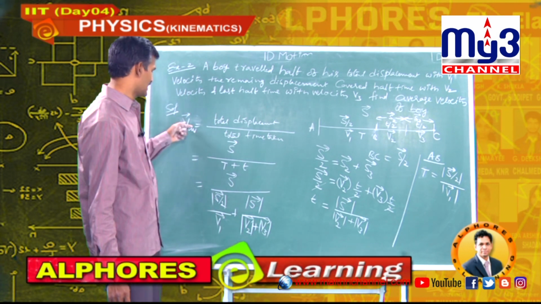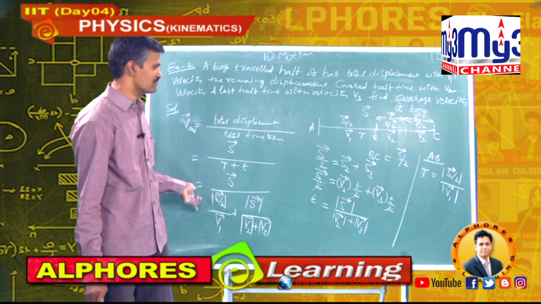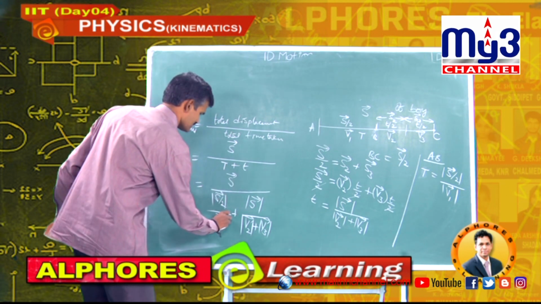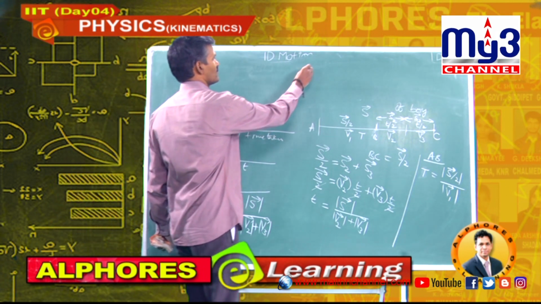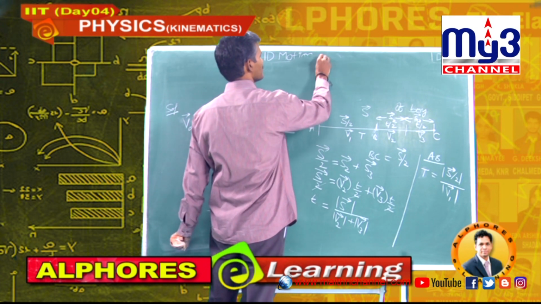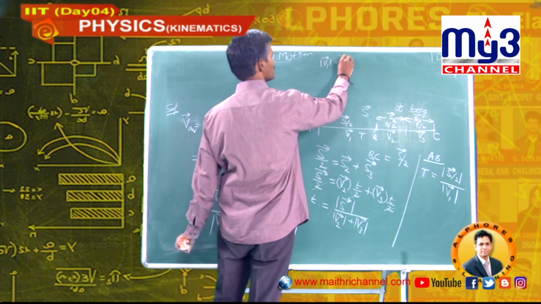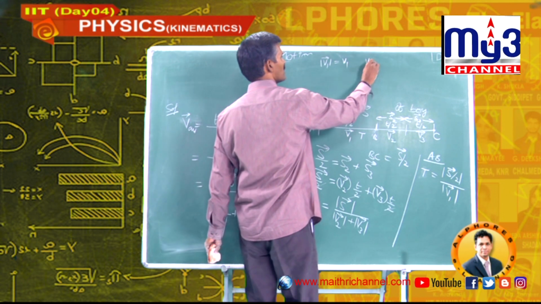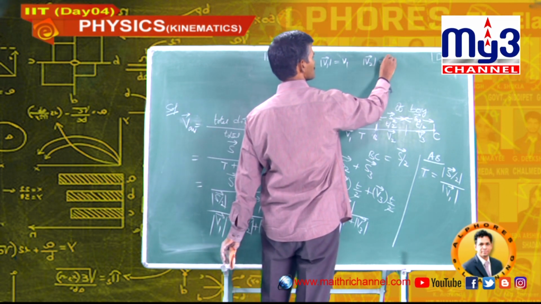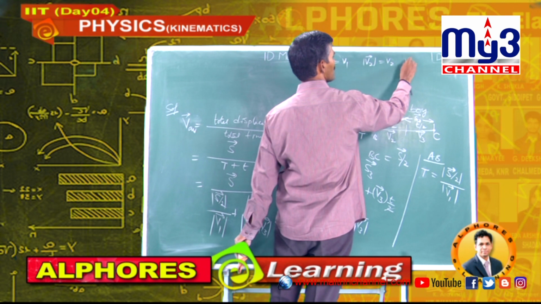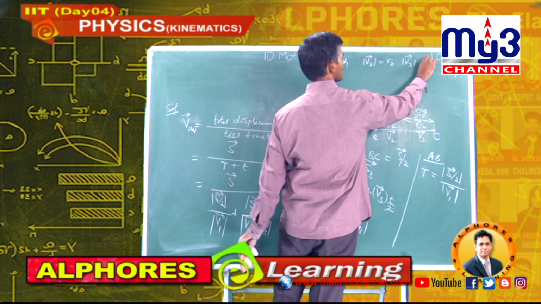This is the average velocity. We can simplify it. I am writing V1 bar mod as V1, V2 bar mod as V2, V3 bar mod as V3.